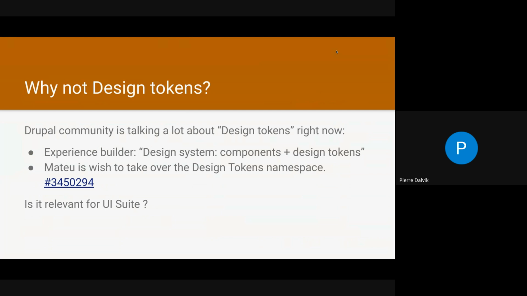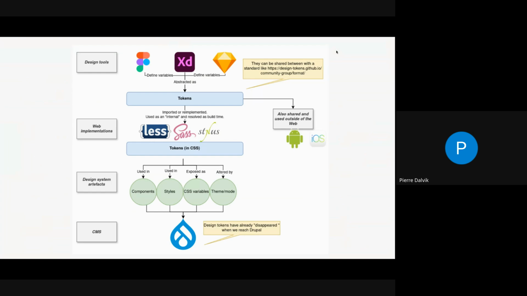I will share mine. I think it would be a big mistake to address design tokens and to implement design tokens. Design tokens are not part of the public interface of the design system.